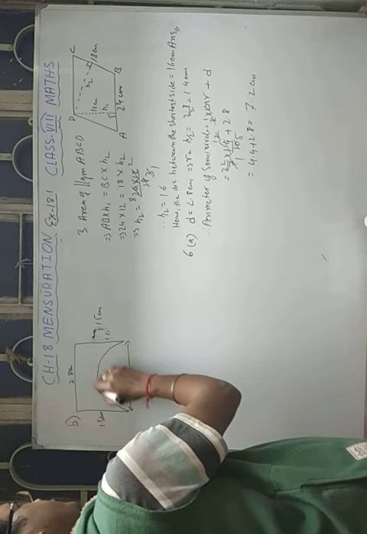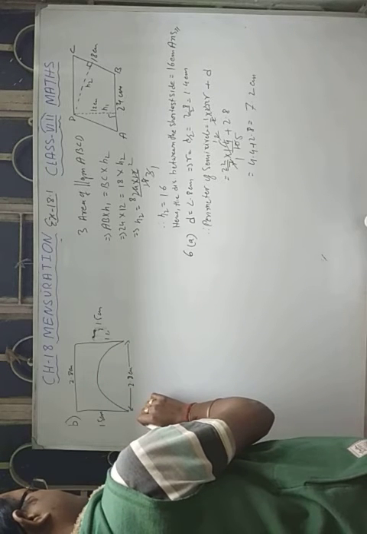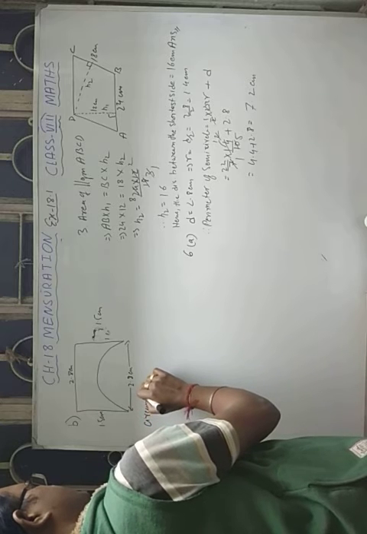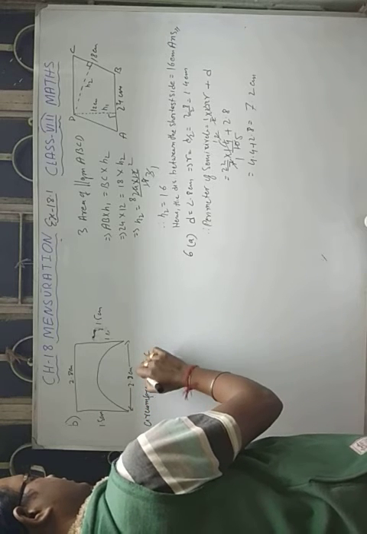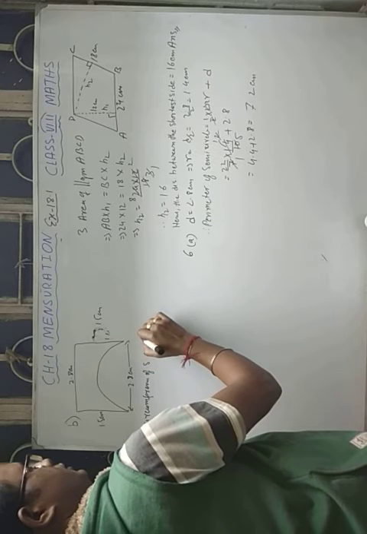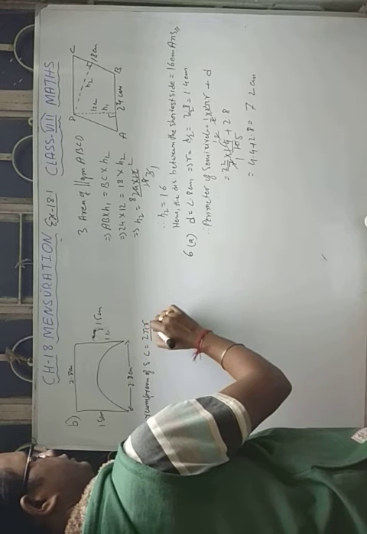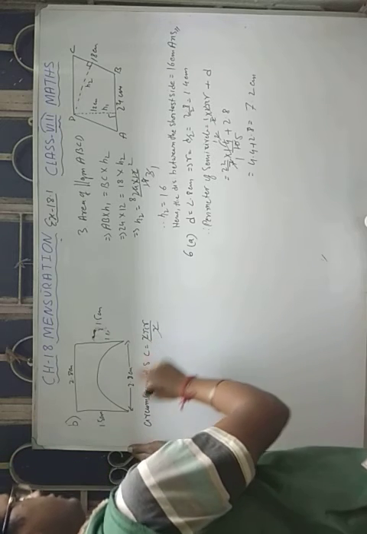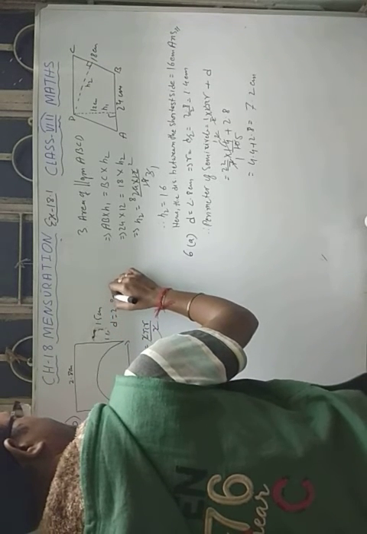Now you have to find the circumference of this portion. So you can write, circumference of semicircle is equal to 2 pi r by 2. So 2 cancels. Now you have to find the r also. r is not given, but the diameter is given, 2.8 centimeter.